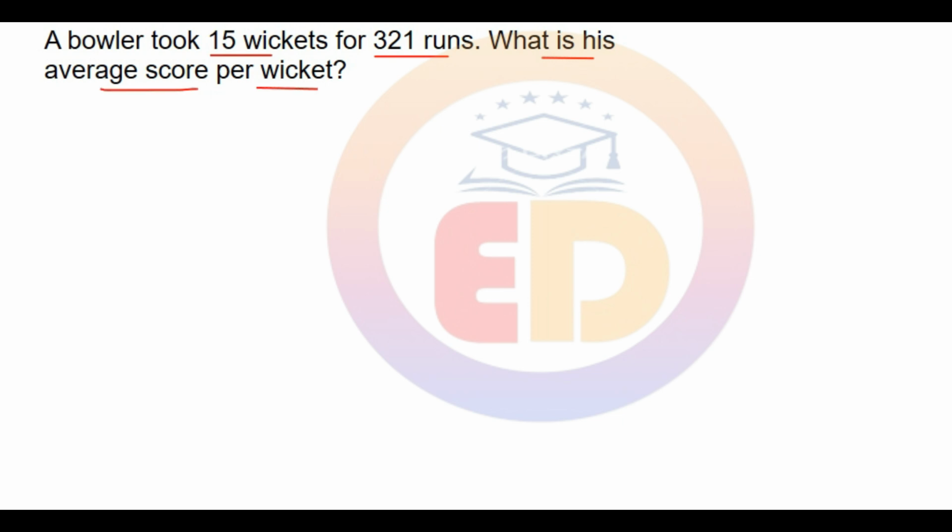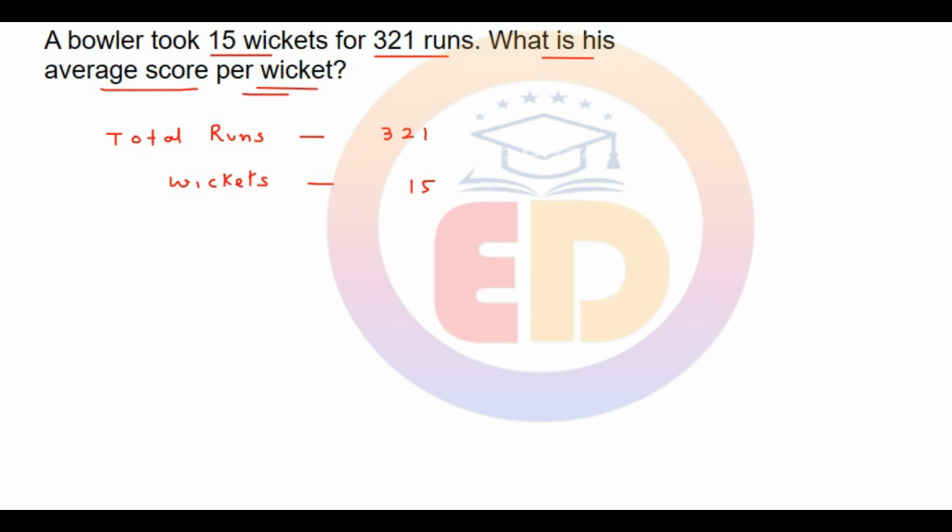Now, since this is a word problem, let us understand that the total runs here are 321 and total wickets taken are 15. The question says what is the average score per wicket?